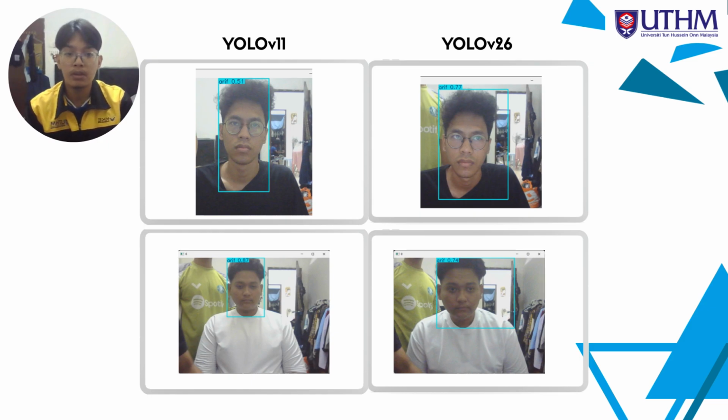Similarly, YOLO V26 duplicates the same error, misclassifying Hamizan as Arif with 0.7 confidence. So this visual discrepancy on this slide perfectly illustrates the domain shift phenomenon and dataset size limitation that I mentioned earlier.